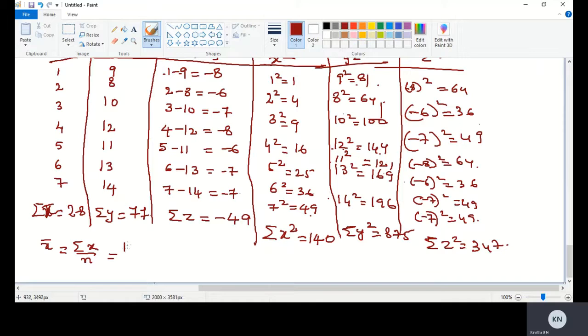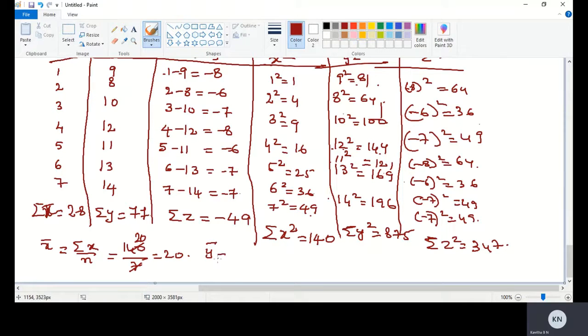Summation of x is 140. N is the number of elements present in the table: 1, 2, 3, 4, 5, 6, 7. 7 twos are 14, 7 20s are 140.